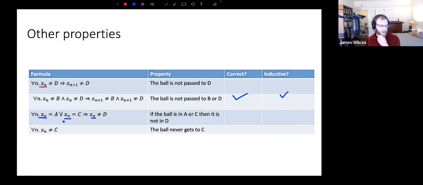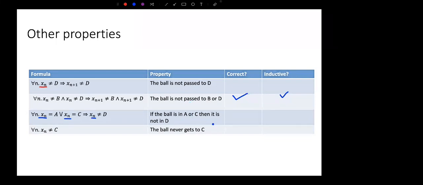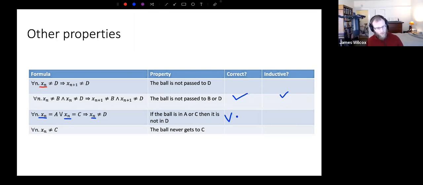It says, if that state is either A or C, then that state is not D. Okay, so is this true? Yeah, it is true.